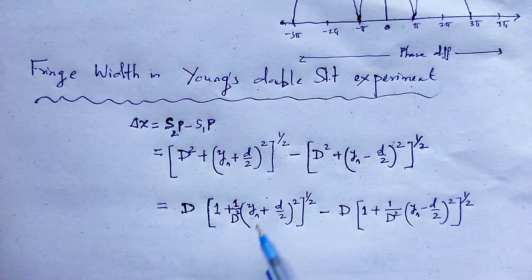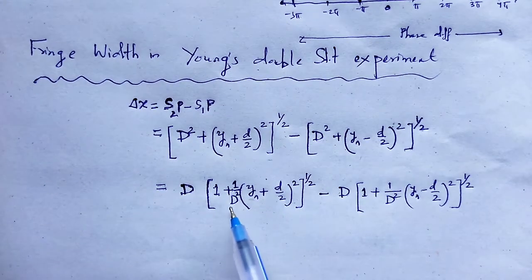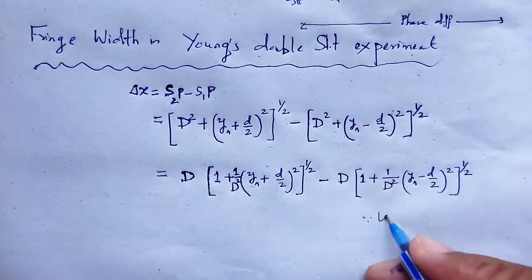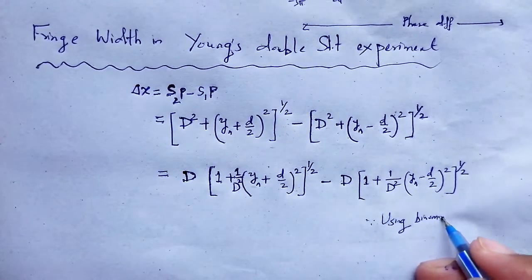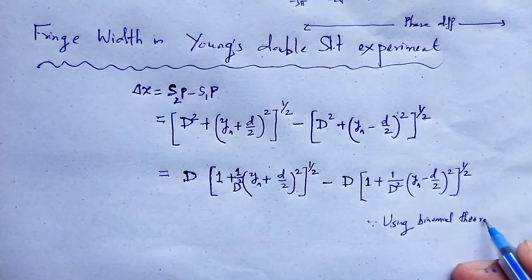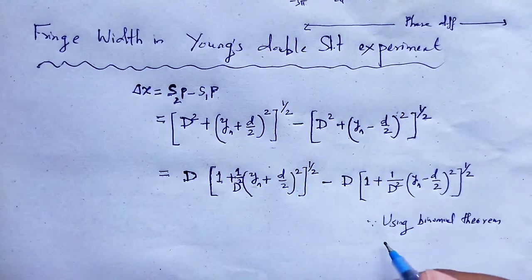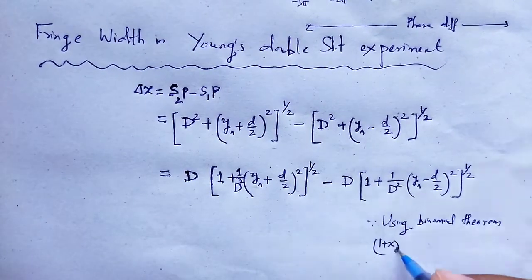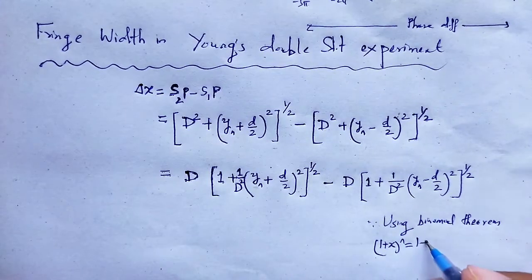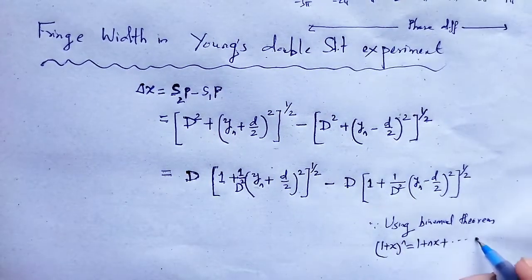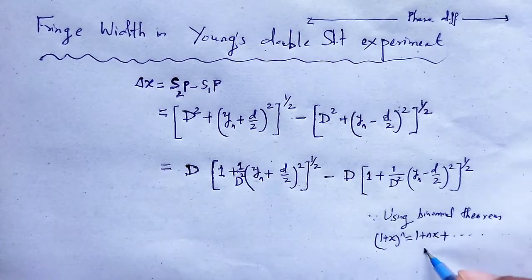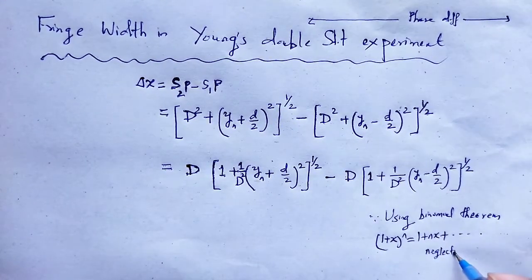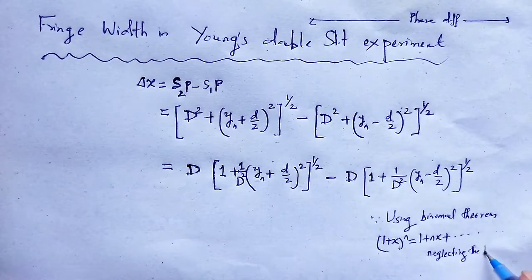Now using the binomial theorem to expand that term, as 1 plus x to the power n is equal to 1 plus nx plus so on, neglecting the higher orders.